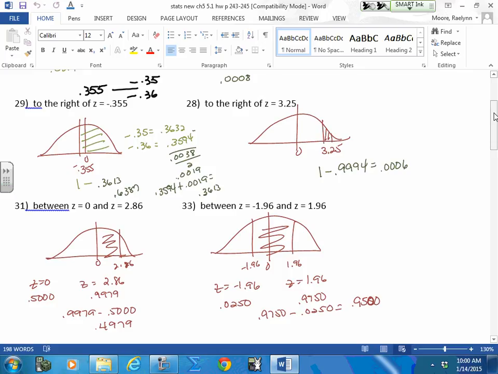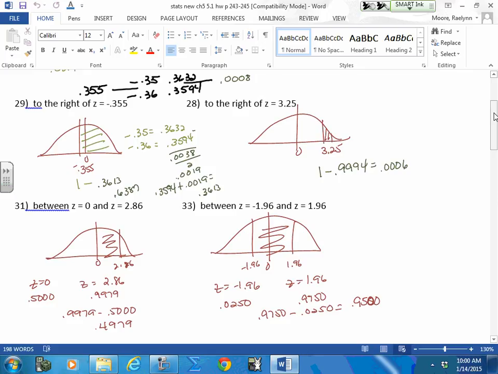So this is called extrapolating. When you extrapolate a value, given the values that you have, halfway between those two areas, I should find my area, right? Because I want to be halfway between those two numbers. When you do this, 0.35 is 0.3632. 0.36 is 0.3594.